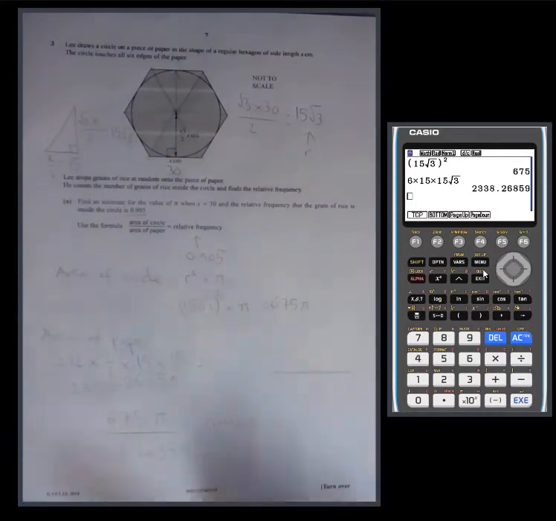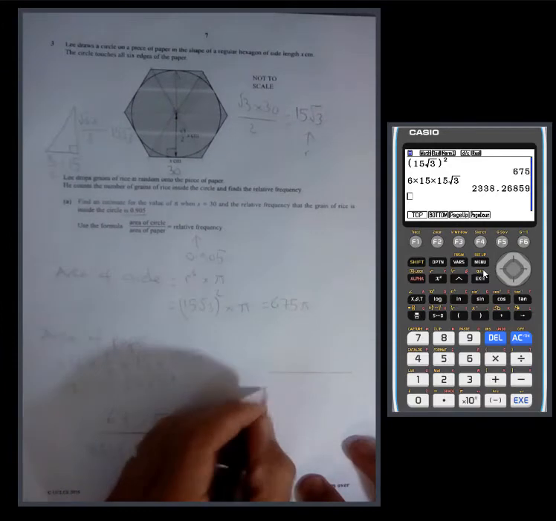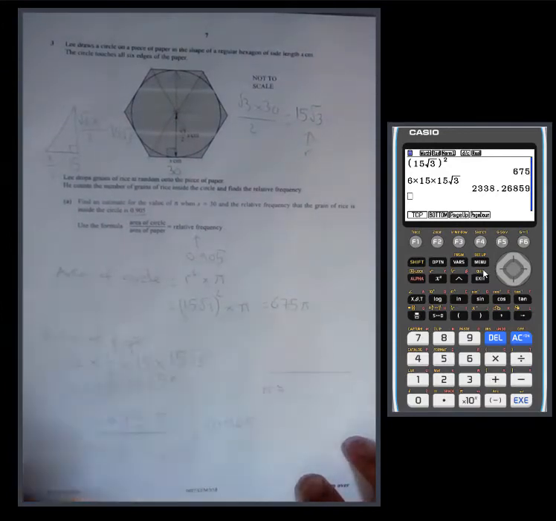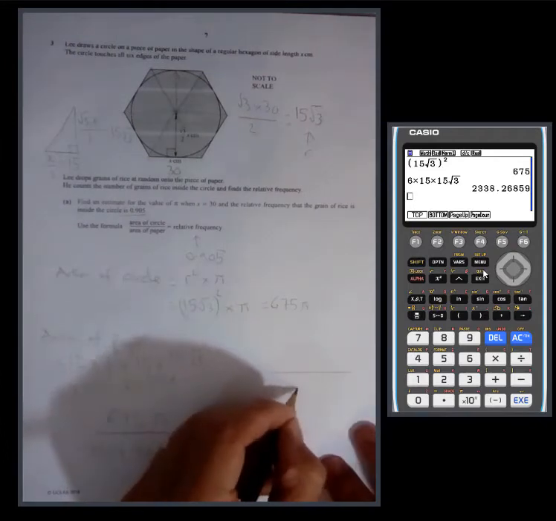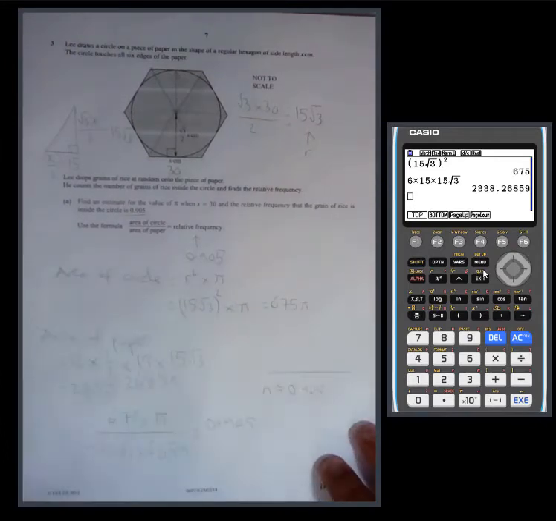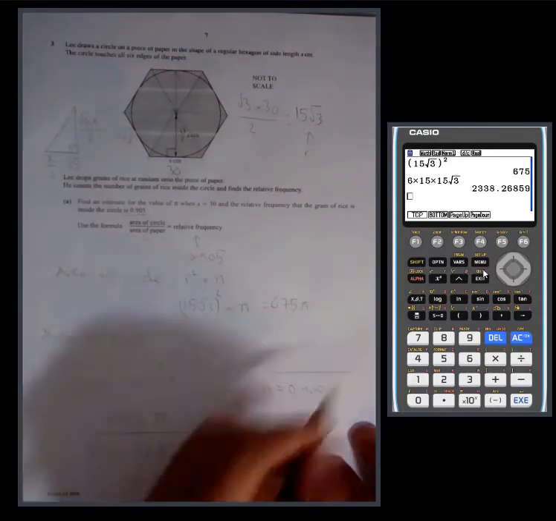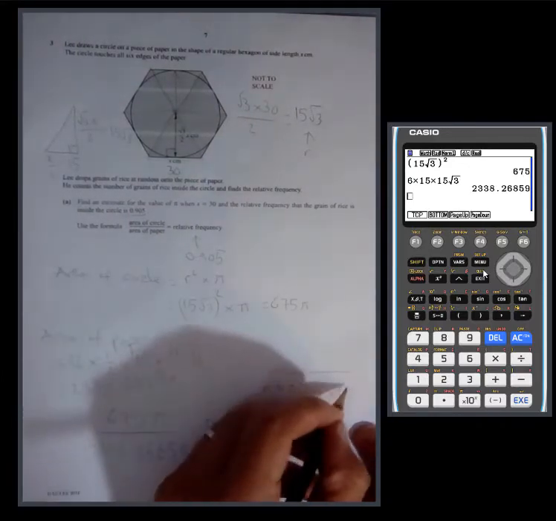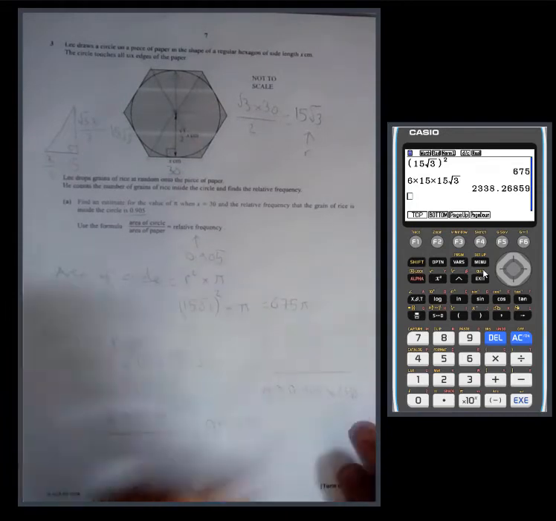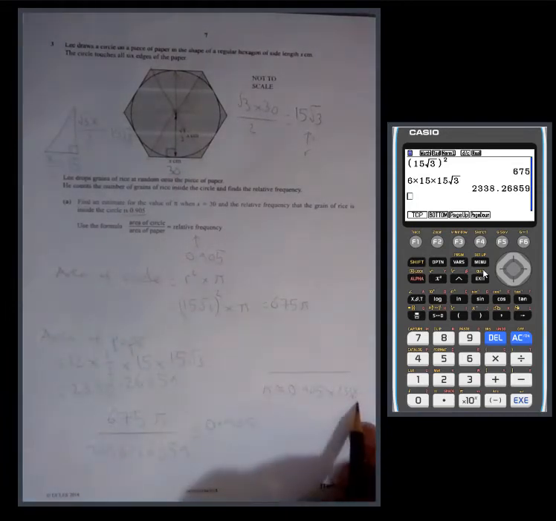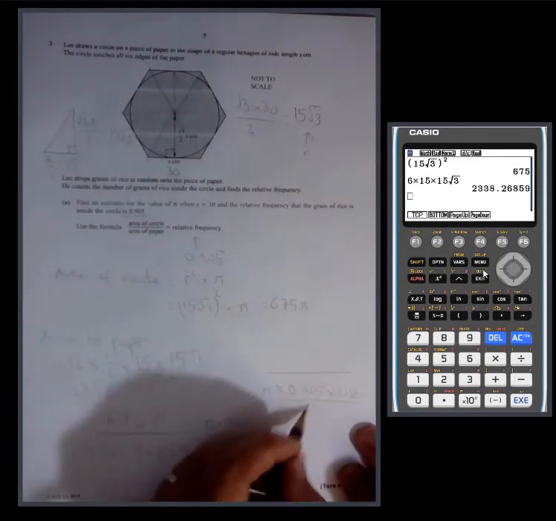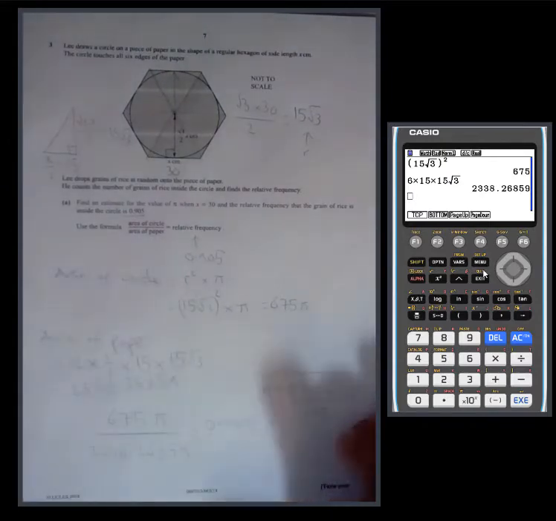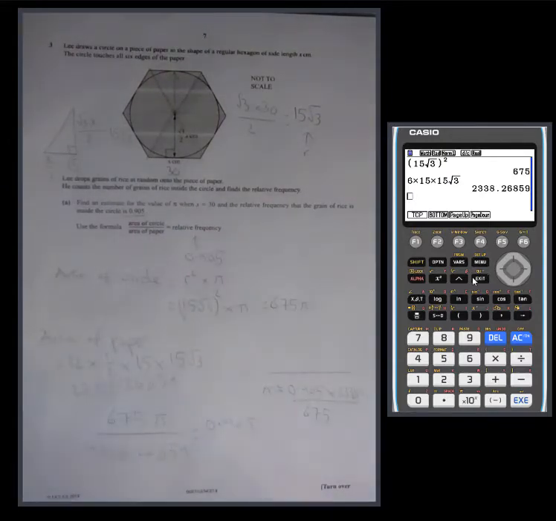So the estimate for pi would be this 0.905 times this 2338, and so on, I won't write it all in, over 675. Hopefully that will give us something close to 3.14, otherwise something's gone wrong.